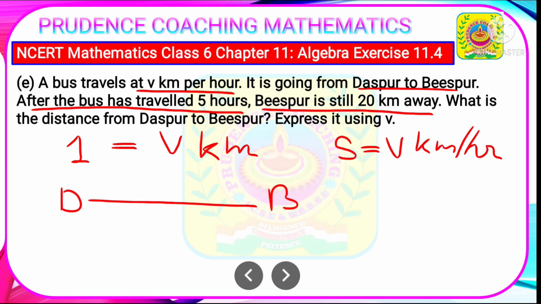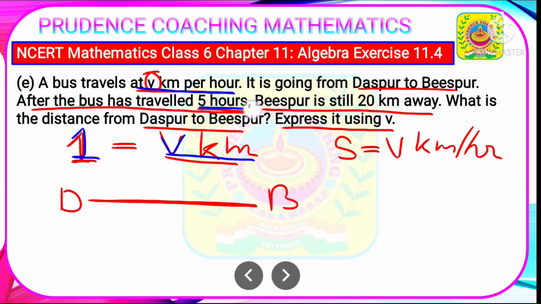What is the distance from Daspur to Bispur? Express it using V. So we need to use the variable V to represent our answer, that is the distance between Daspur and Bispur. When in a single hour bus is travelling V km and it has already travelled 5 hours, in 5 hours how much distance will the bus cover?